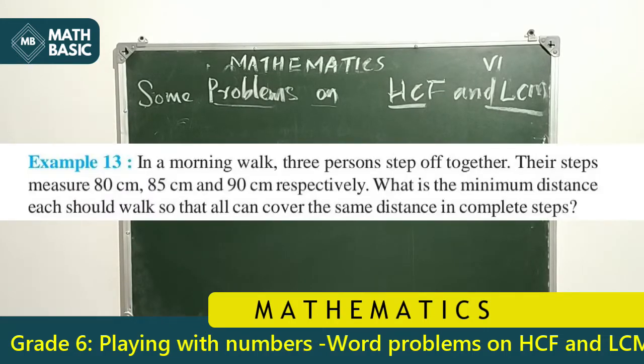Question number 2. In a morning walk, 3 persons step off together. Their steps measure 80 centimeters, 85 centimeters and 90 centimeters respectively. What is the minimum distance each should walk so that all can cover the same distance in complete steps?